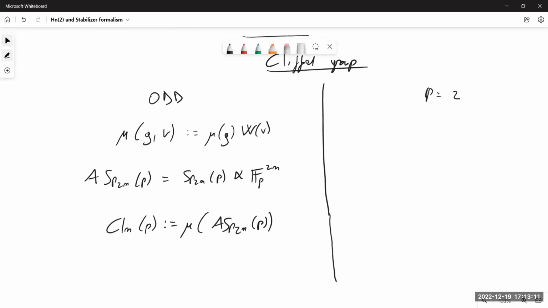In the even case it is kind of more complicated because you don't have this relation. Well, that's coming from the fact that you cannot choose alpha to be 0 every time. And so you just write some conditions to obtain a Clifford group.